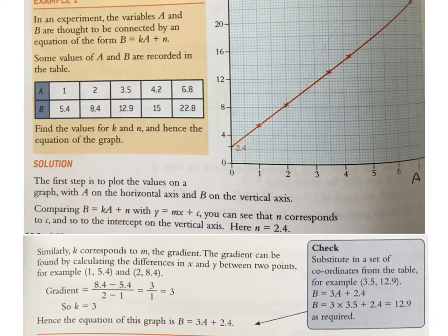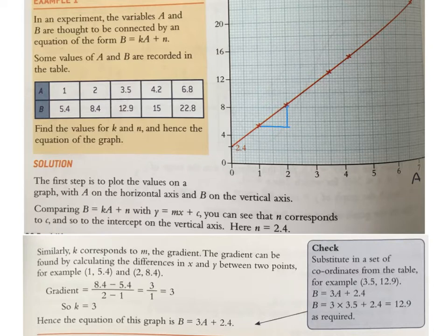But anyway, the difference in the y values would be 8.4 minus 5.4. That means it rises up by 3. And the difference in the x values is 2 minus 1, which is 1, which means it goes 1 across. If you're using the technique of drawing the triangle to get the gradient, then the points they chose were the 1 and the 2.